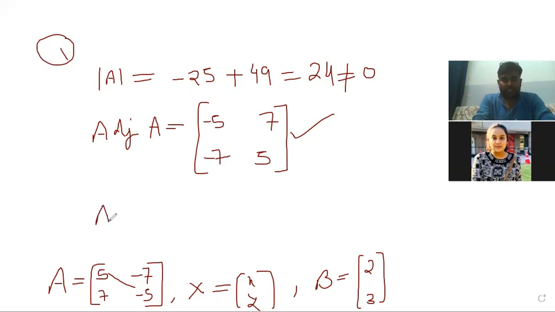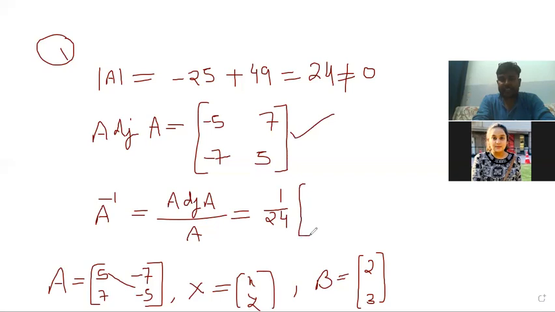So now you know how to find A inverse. A inverse is adjoint A upon determinant A. Here you see that it is 1 upon 24, and adjoint A is this matrix: minus 5, 7, minus 7 and 5.